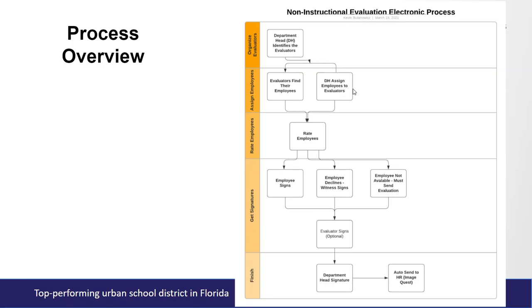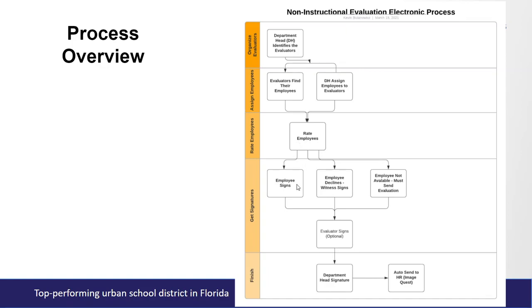Then there are two options here. Either the department head can assign employees to the evaluators, or the evaluators, which might be you, could find employees and start to create evaluations. Either way, evaluations will be created for employees, and whoever is creating the evaluation now has the ability to rate the employee. So after the evaluation is completed, it will then be sent to the employee for review.